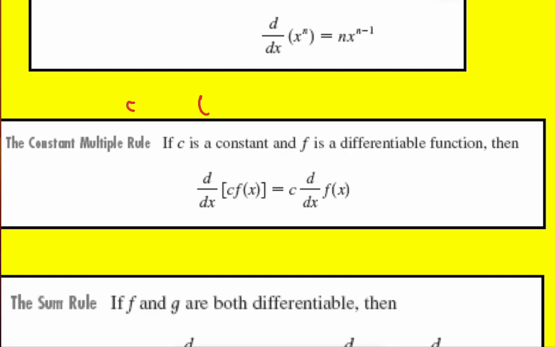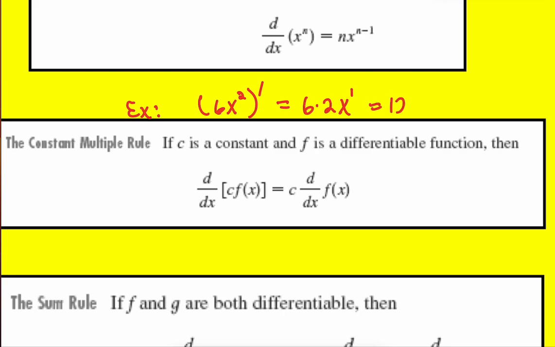Let's say that we are taking the derivative of 6x to the second power. If we want to derive that, the power drops down in front and just multiplies by the 6 that's already there. So the 6 just hangs along for the ride.